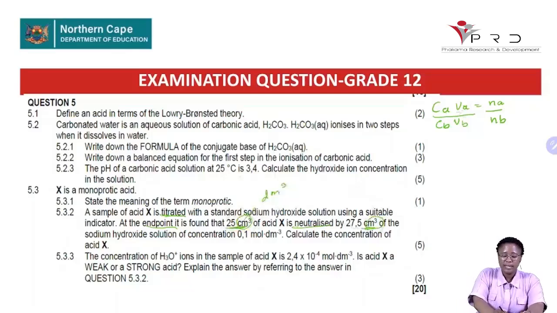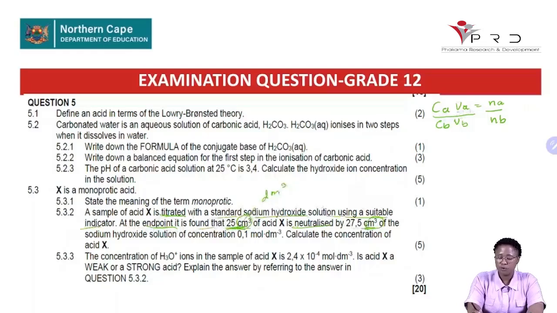Now let's quickly collect the data and see what we need to substitute. A sample acid X is titrated with a standard sodium hydroxide solution using a suitable indicator, and at the end point it is found that 25 centimeter cubed of an acid. So what is that 25? It is the volume of an acid.